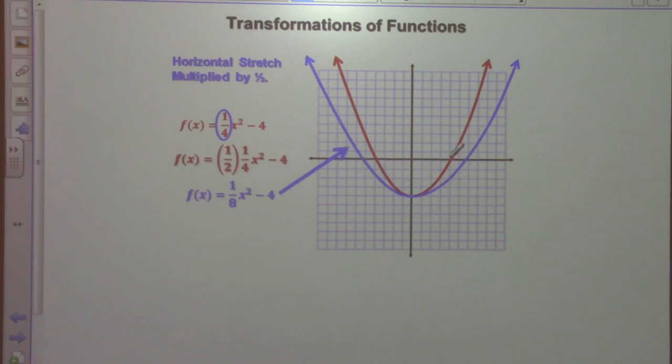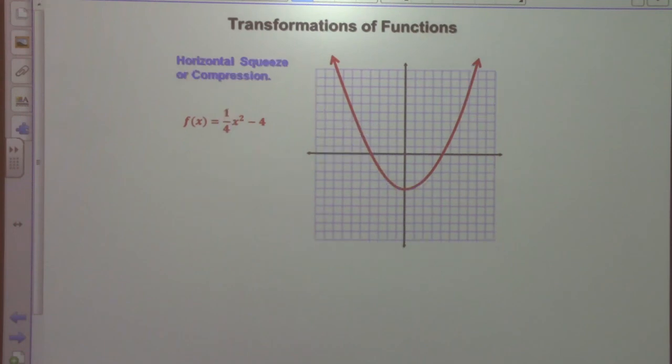will be like this one in blue compared to the original one in red. So that's what a horizontal stretch looks like. Now a horizontal squeeze or compression. What do you think would cause this function here to horizontally squeeze or compress?